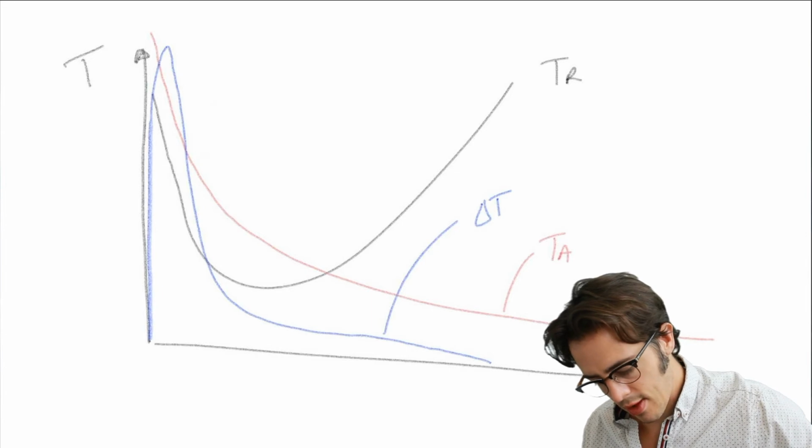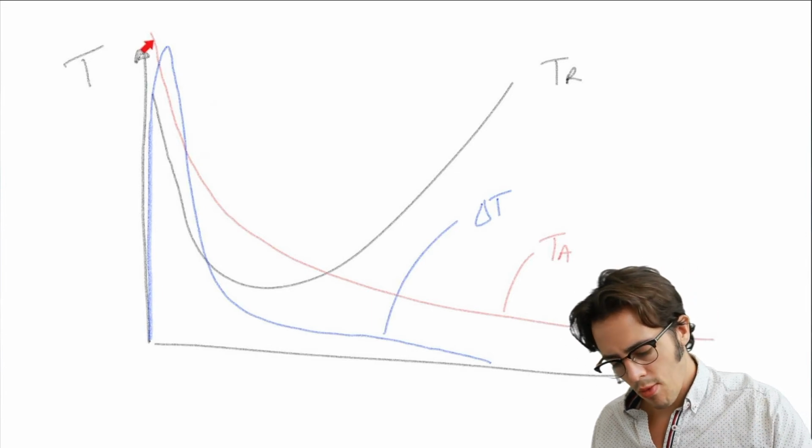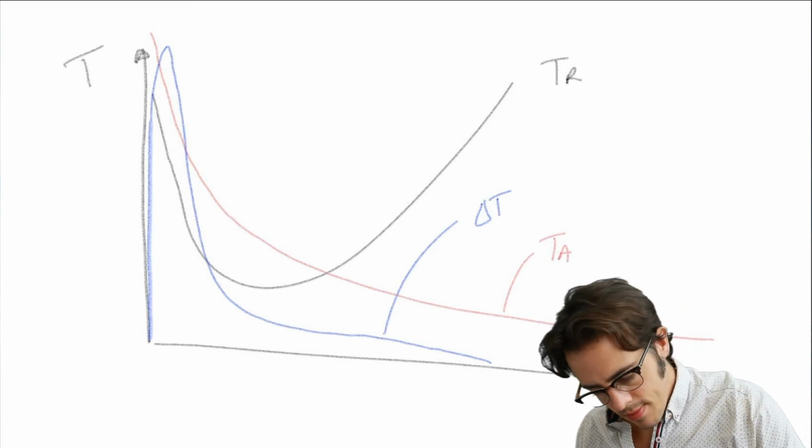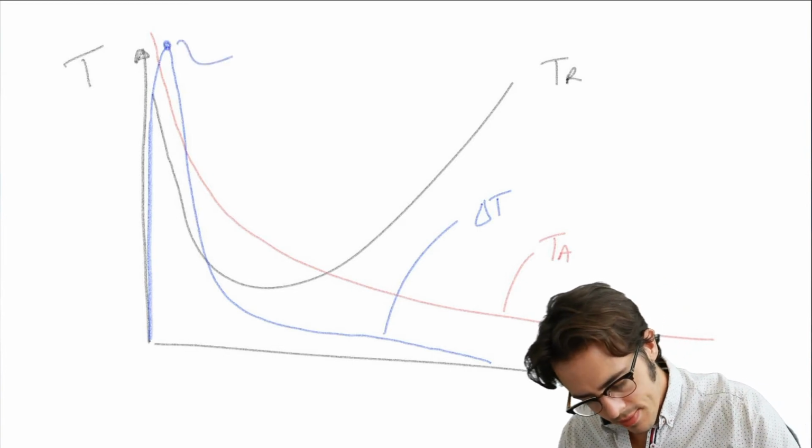How this occurs at the very beginning just depends on whether these two cross over or not. So our maximum occurs at a very low speed.